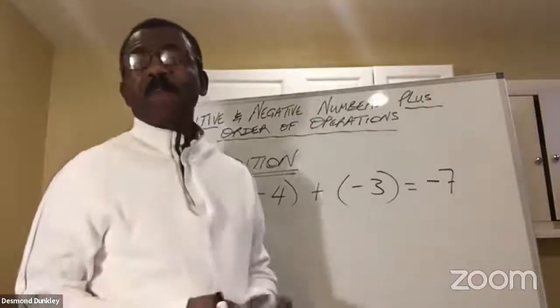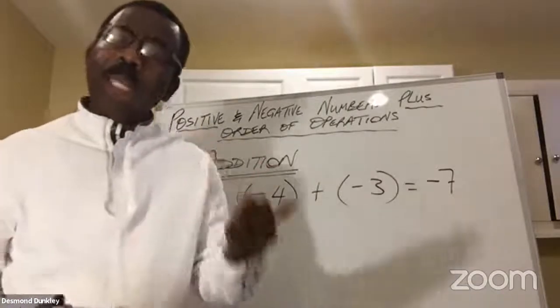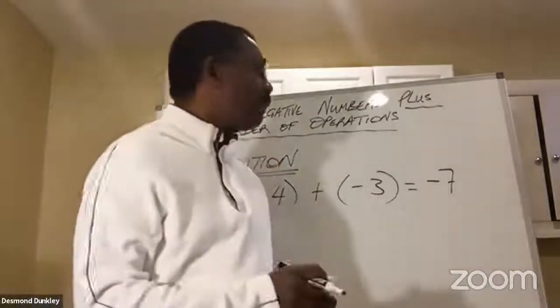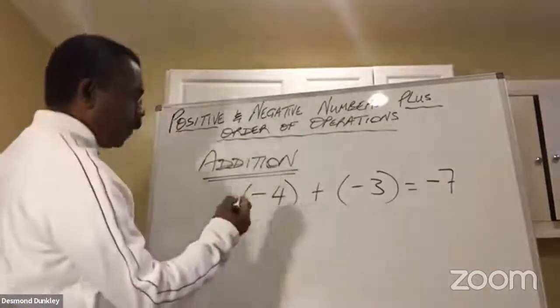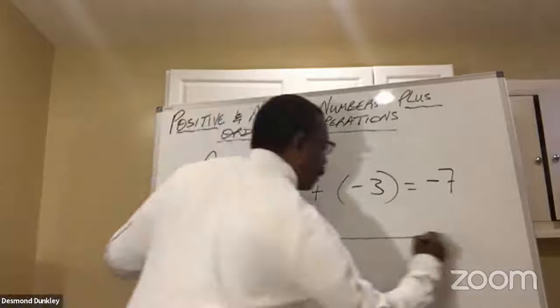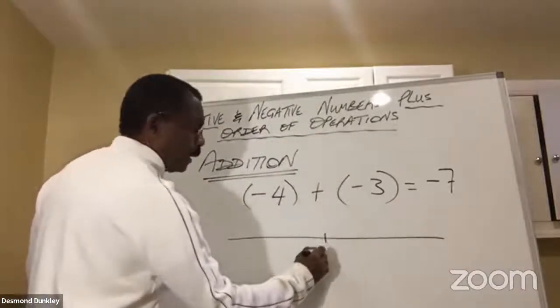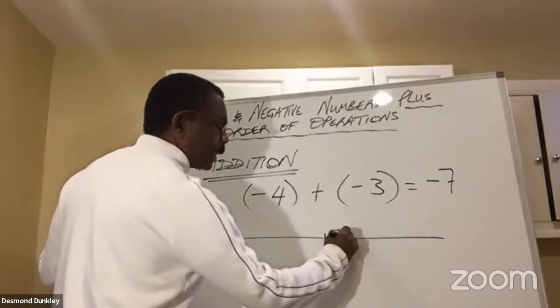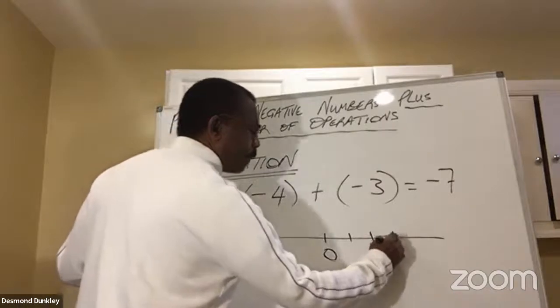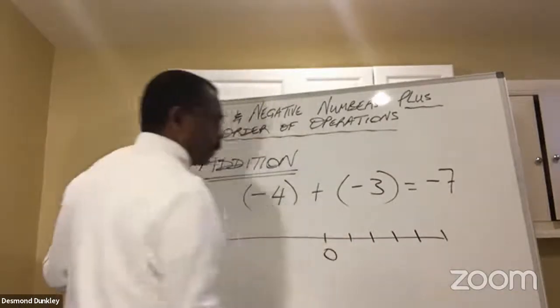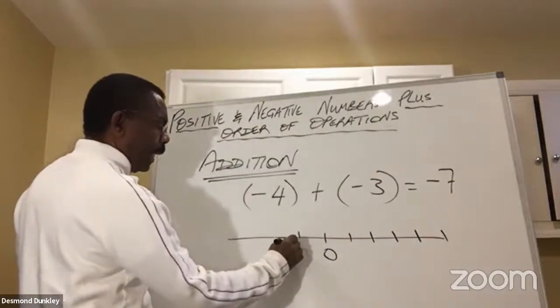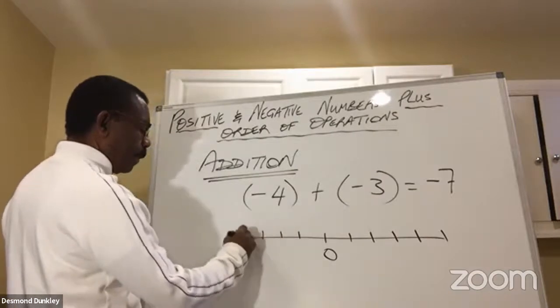Another example that is used to illustrate and to explain positives and negatives is the use of a number line. Where if this is 0 and going this way is positive, and going this way is negative to the left.